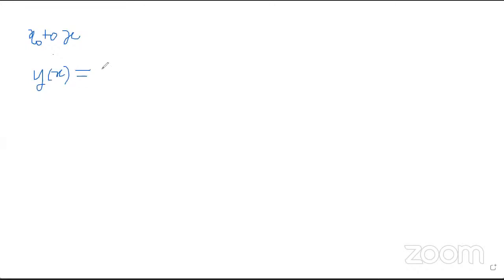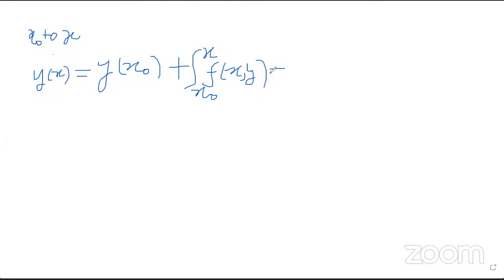I'm just writing y at x naught, y(x naught), plus the integral from x naught to x of f(x, y) dx.